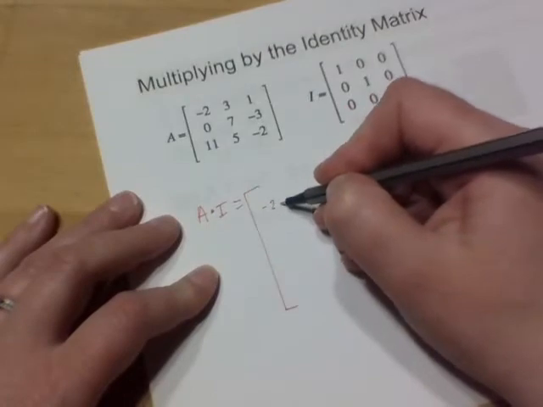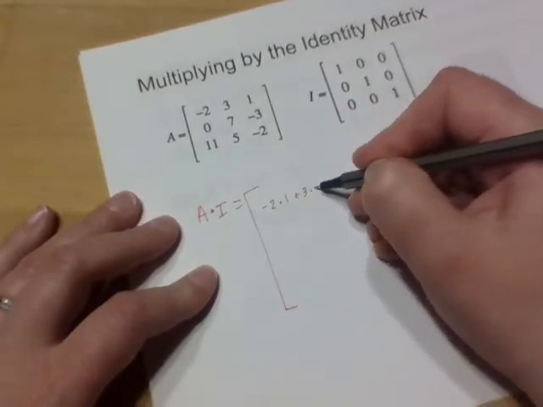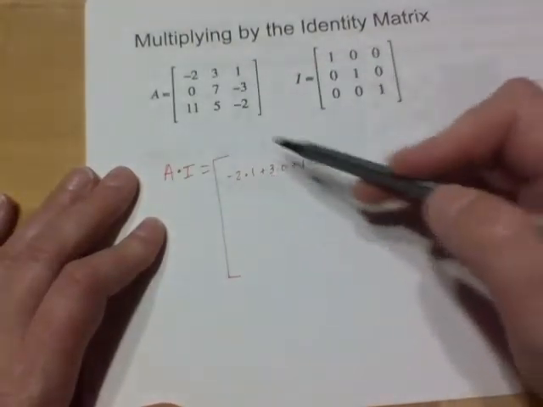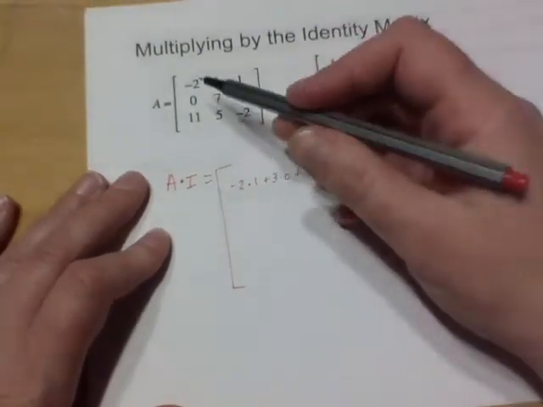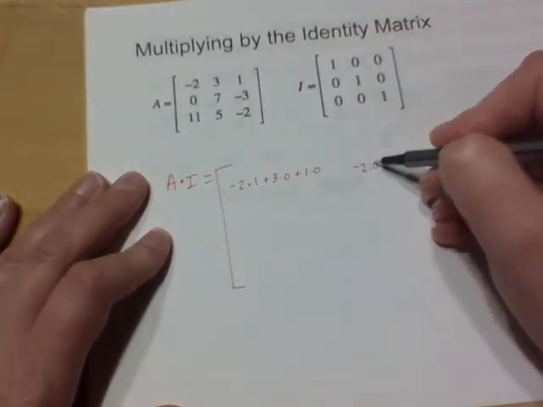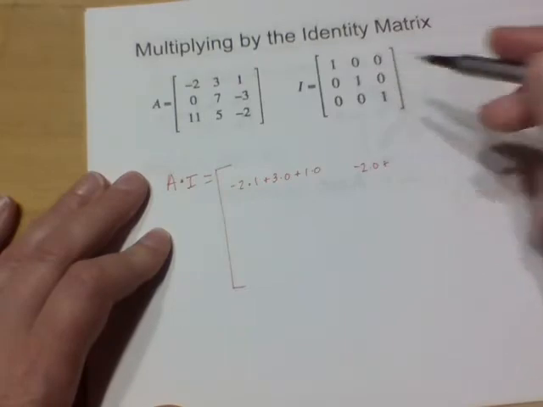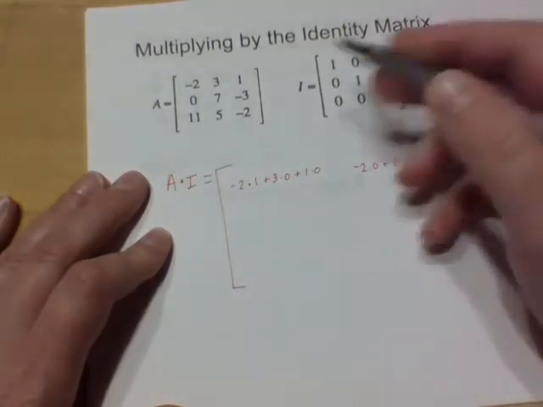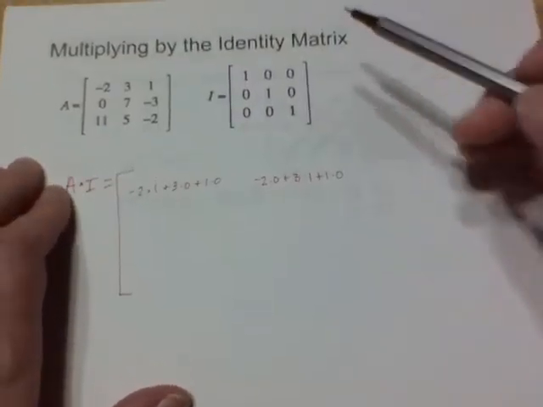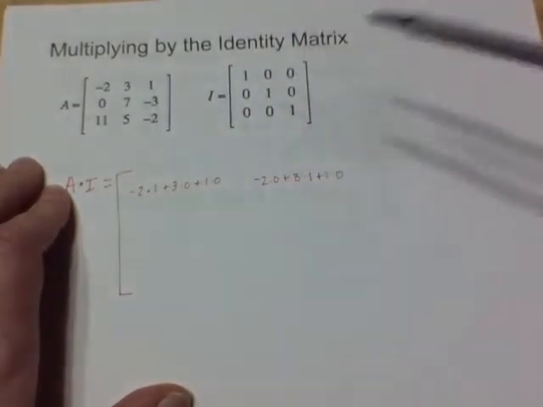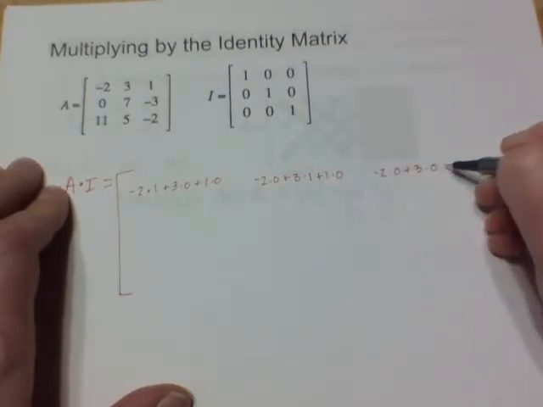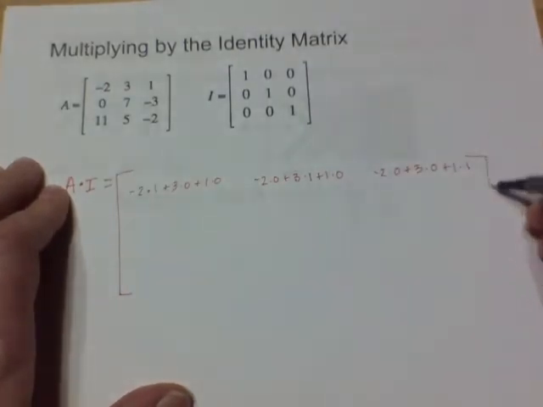So negative 2 times 1 plus 3 times 0 plus 1 times 0. So that's going to be our first value. Then we're going to take this row and multiply by the next column. So we'll have negative 2 times 0, add that to 3 times 1, and add that to 1 times 0. And then the last one is taking that same row, but now by this last column. So negative 2 times 0, 3 times 0, and 1 times 1.